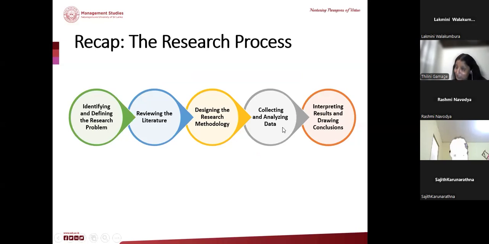Of course they do. Once you identify your problem, to sort out the problem you do this research. You design the methodology, you look at the problem and decide, this is the appropriate method that I should use. And then you collect data.